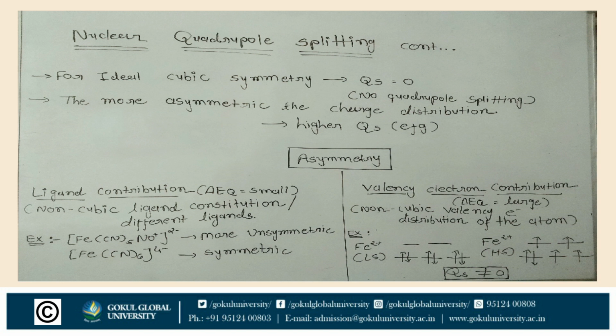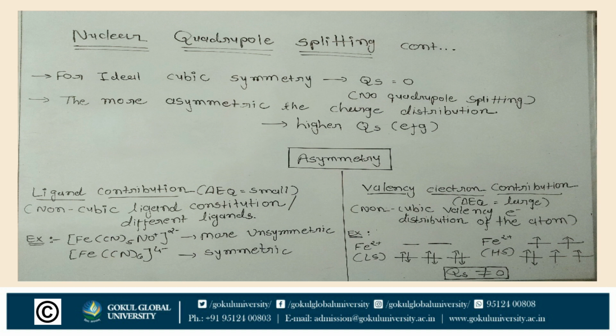For example, if we see the Fe2 plus ion in a low spin state and another is the Fe2 plus ion in a high spin state. In the first case, it is the low spin. So all the 6 electrons are present in the T2g orbital and so they are distributed evenly. But in the second case, they are also distributed in the Eg orbital.